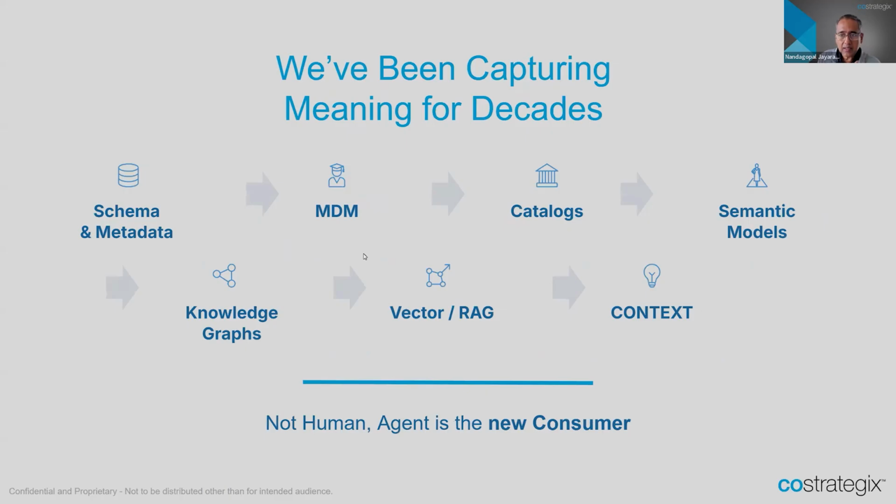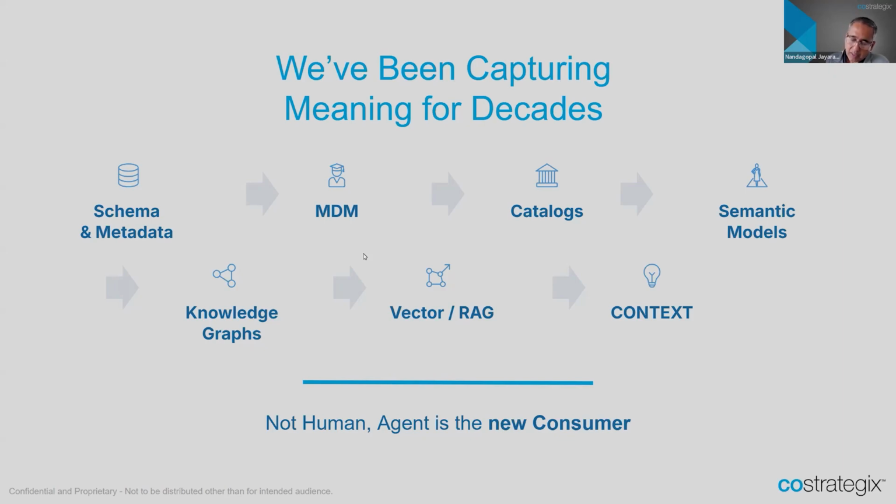So that's that, right? We have been capturing this sort of meaning and metadata for decades. Context itself isn't a completely new concept. We've been building pieces of it over decades. Metadata told us about data. MDMs established identity and mastering. Catalogs helped us discover all the assets we have and certify those data assets.